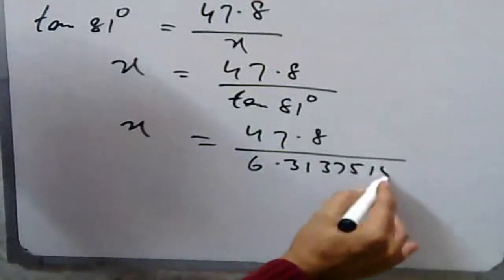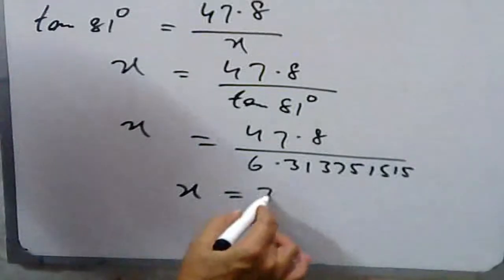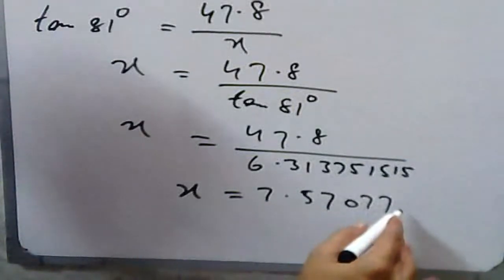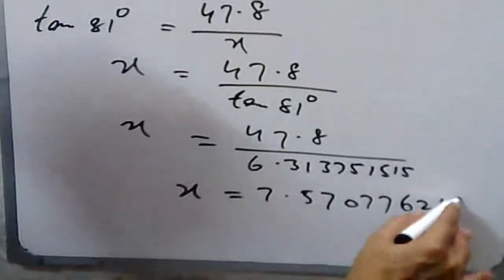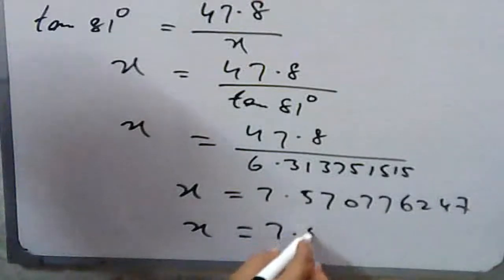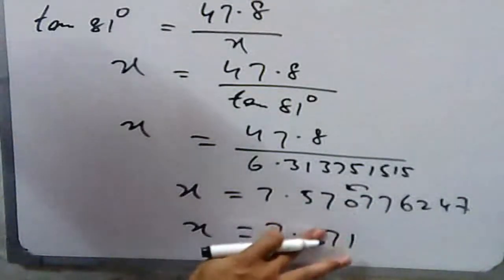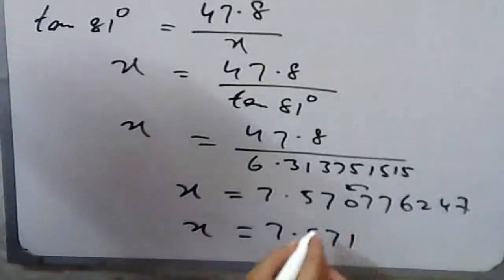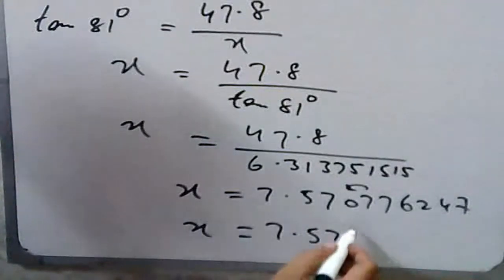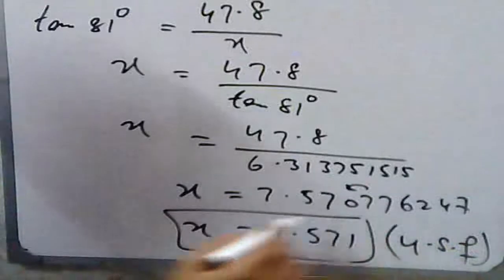So you should divide it, so the value becomes 7.570776247, but we need the value up to 4 SF, that is 7.57. Here is 0, add it, so it becomes 1. So write neatly, 7.571 up to 4 SF. So 4 SF is your 4 significant figures, that is your result.